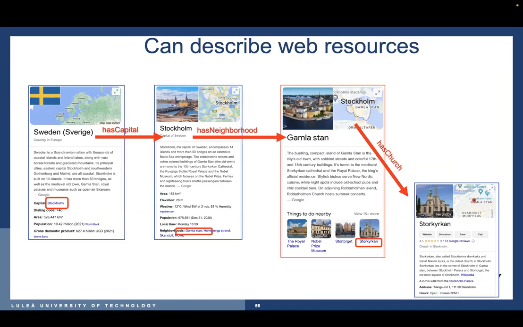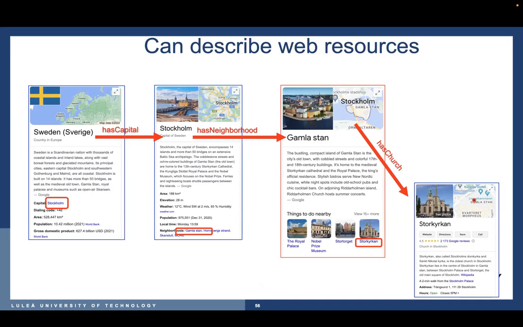Again, in a very simple case, we can start by describing web resources. We transition from only linking information.